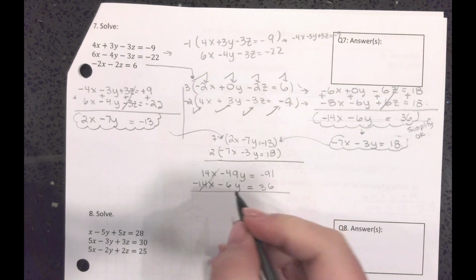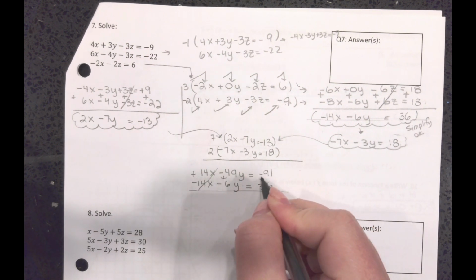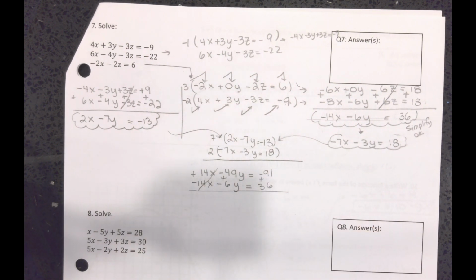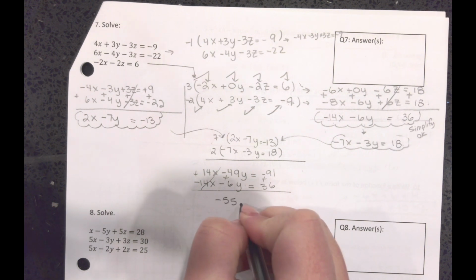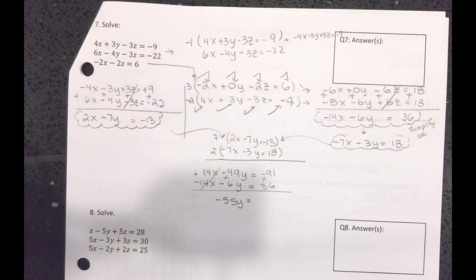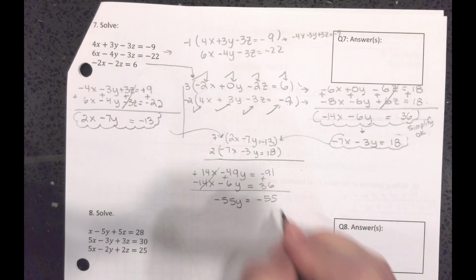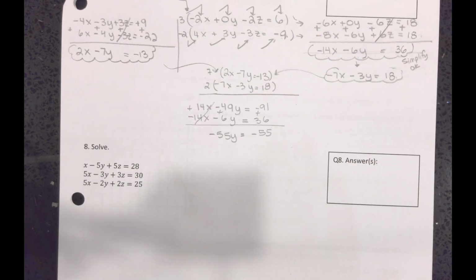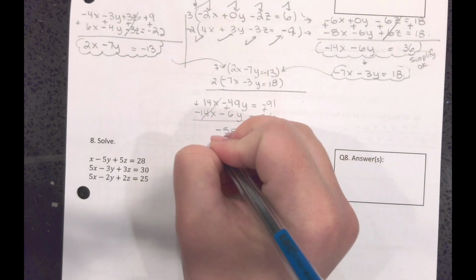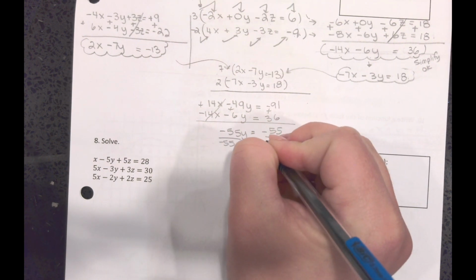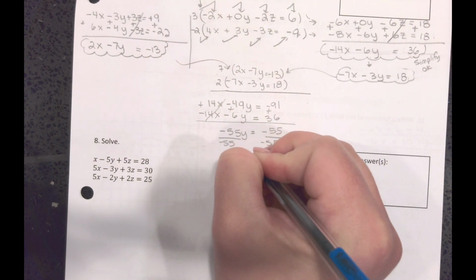Fingers crossed this works this time. We're adding, adding, and adding. Negative 49 minus 6, that's negative 55 y, negative 91 plus 36, and I'm very happy and honestly very relieved to see that negative 55 divided by negative 55, y is equal to 1.